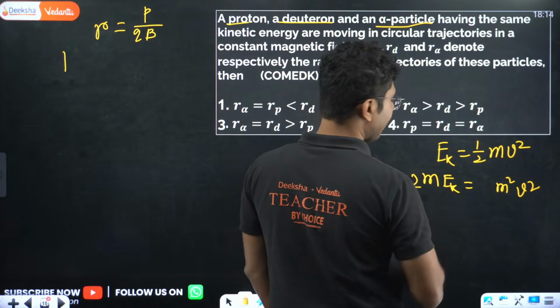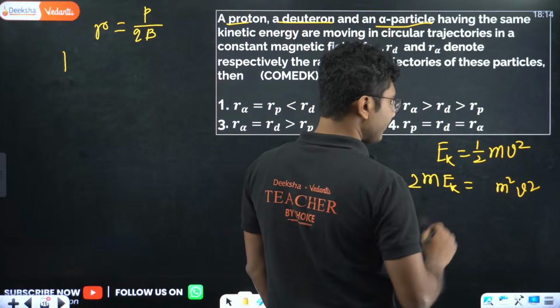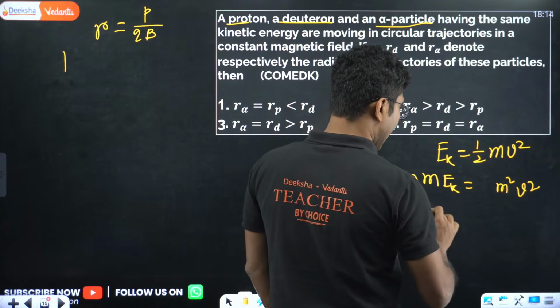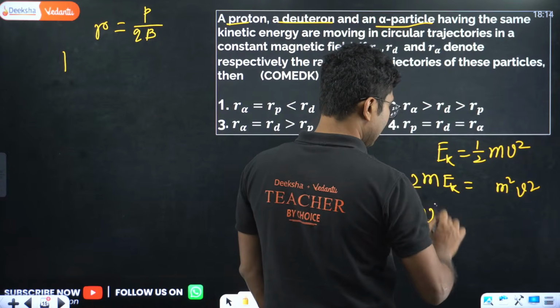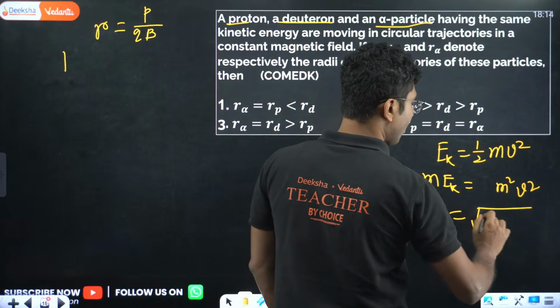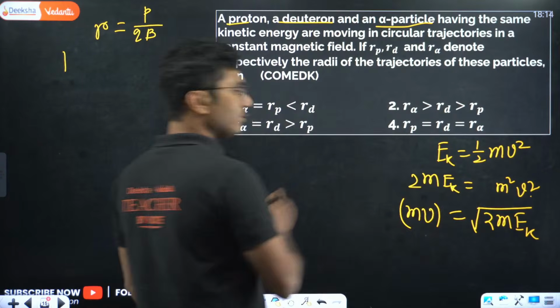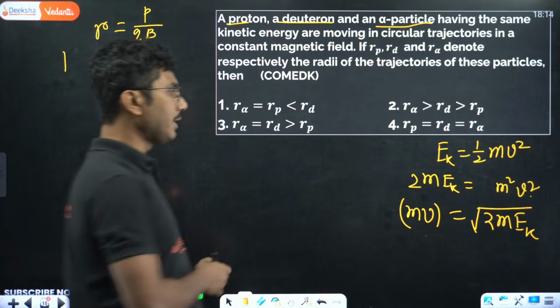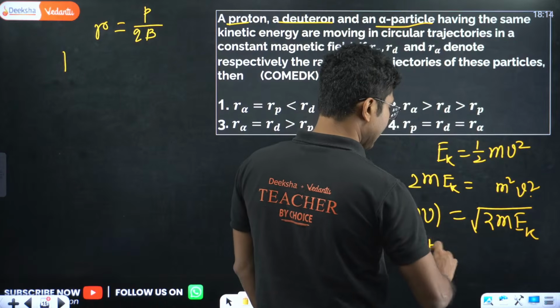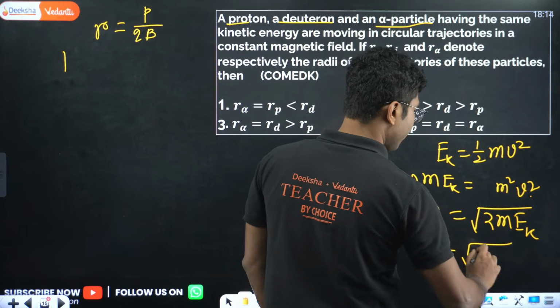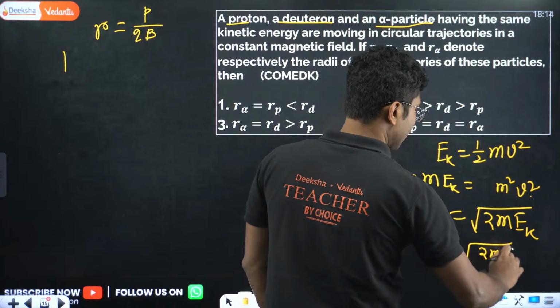You get 2mK equals m square v square, or m into v equals square root of 2mK. You take the square root, you get the momentum. So momentum P is equal to square root of 2mK.